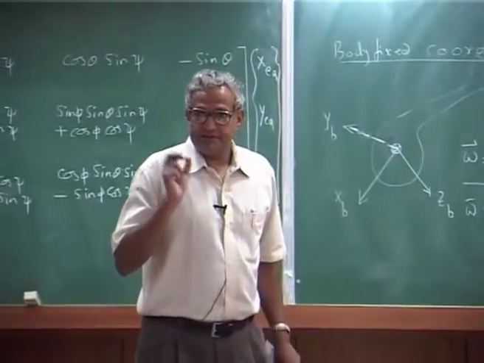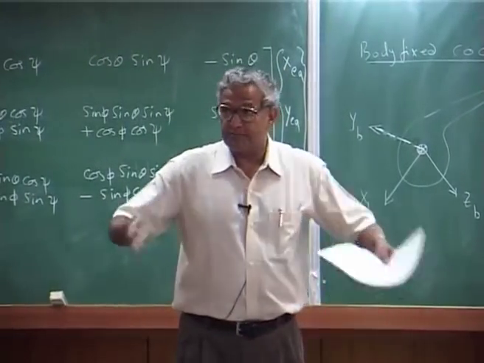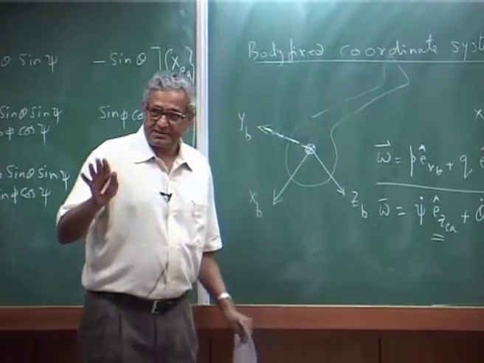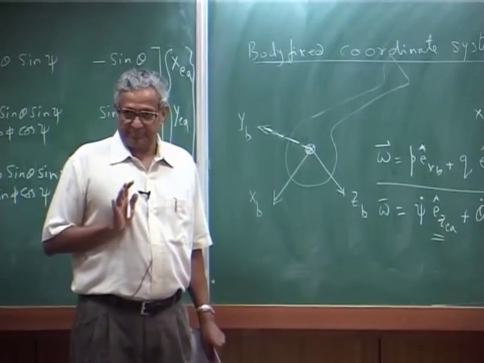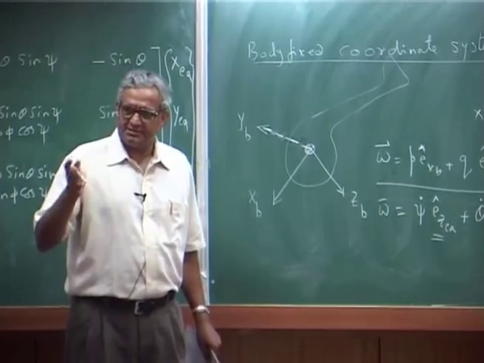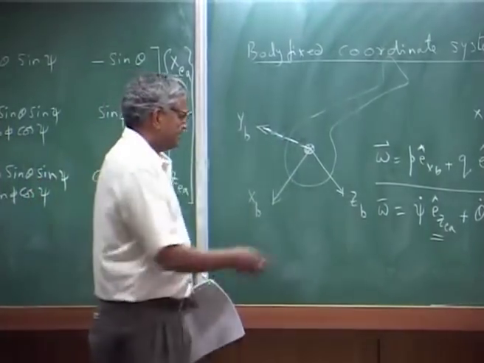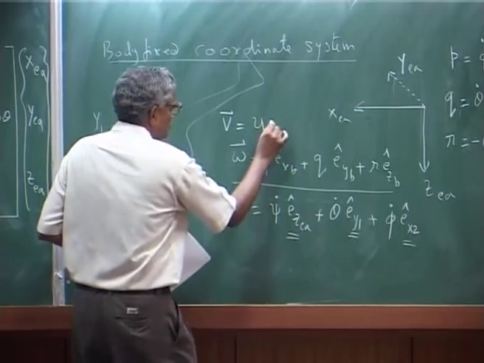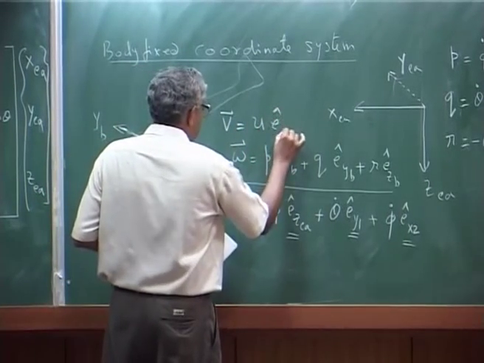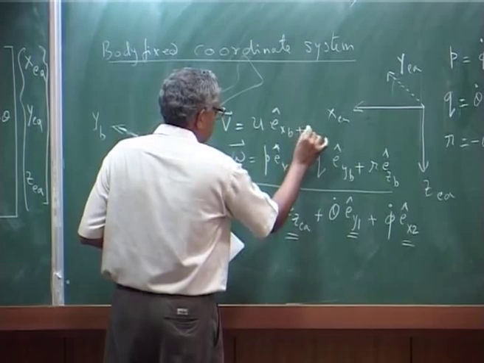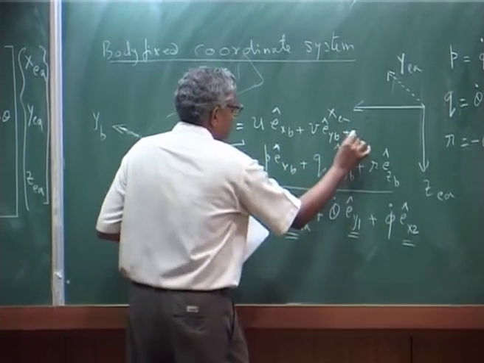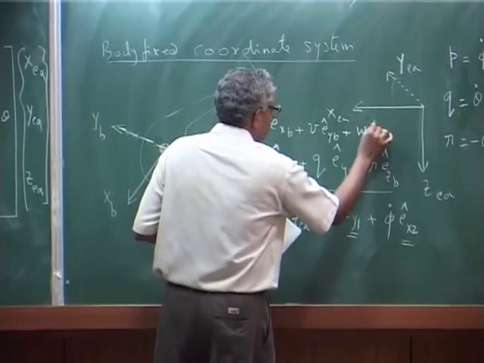Now, what I specify is my velocity vector of the helicopter, which I define as u e_x^b + v e_y^b + w e_z^b.